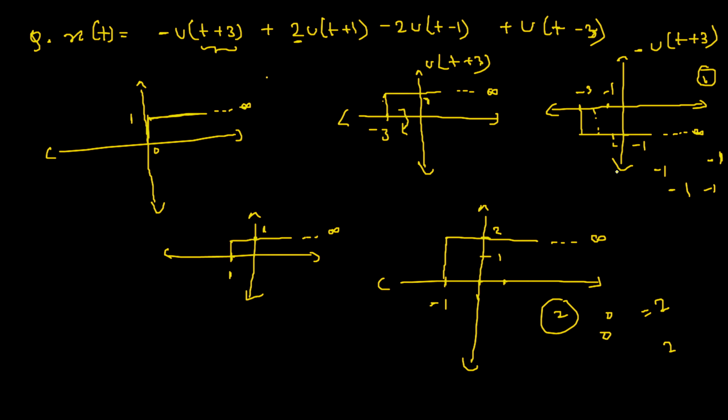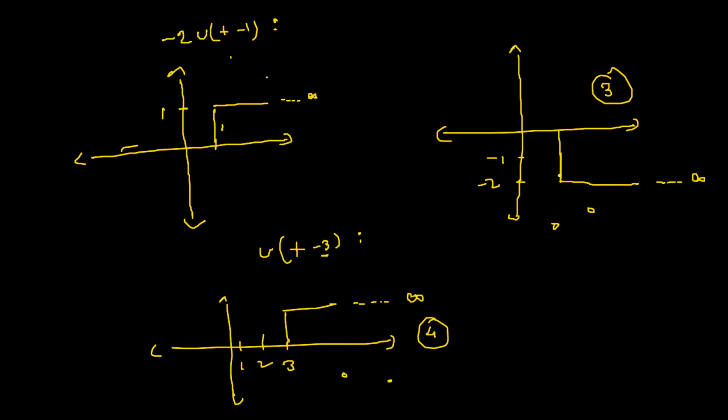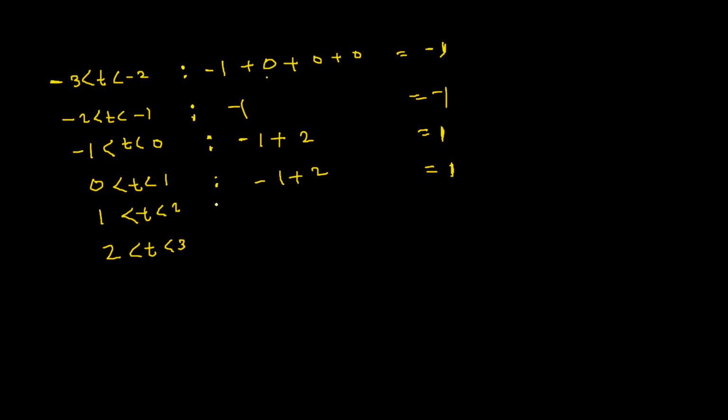This still remains minus 1. This still remains 2. However, now we have a third one. This from 1 to 2, the value of this is minus 2. And this is still 0, so we don't have to take this into consideration. So from 1 to 2, I have minus 1 plus 2 and minus 2. So this gives me minus 1.